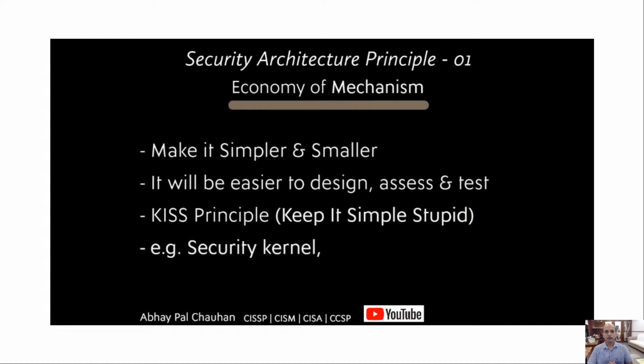If it is smaller, then the overall attack surface area will be less, right? So we can say the KISS principle, keep it simple, stupid. That is the normal KISS principle which we use in coding also, and we use the same in different environments. So here also the principle is the same: we need to make things as simple as possible. The security kernel is a very good example of the same.